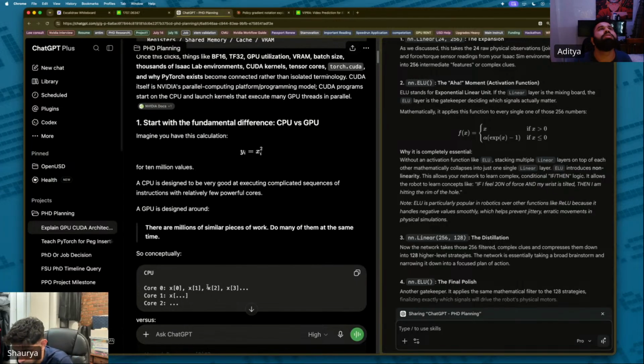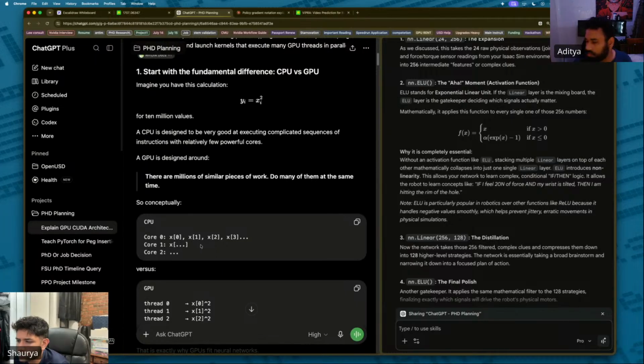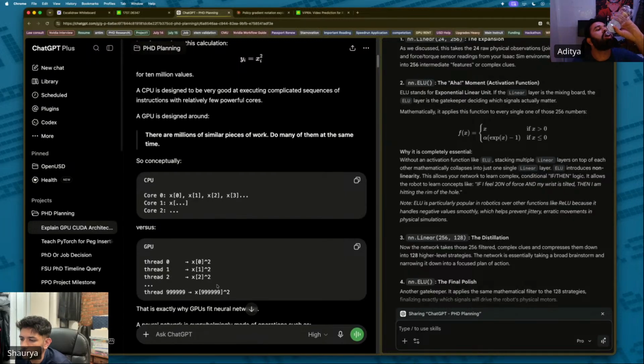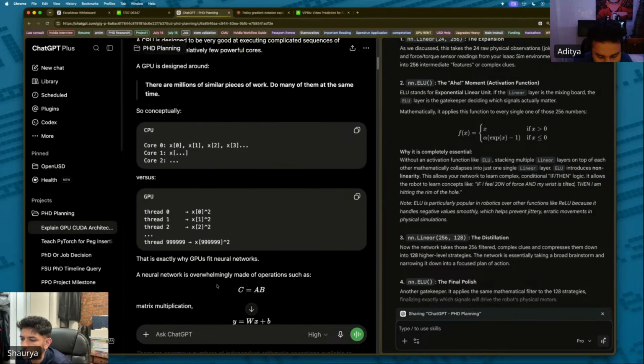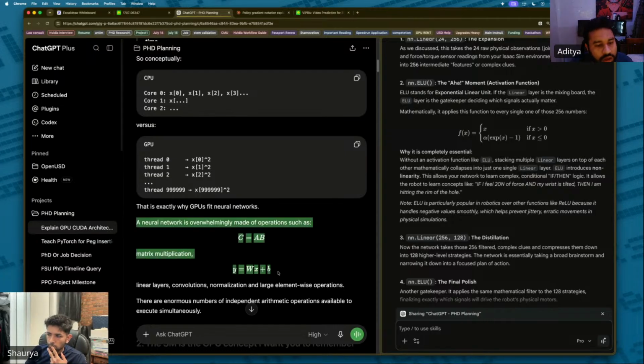So conceptually, the CPU has core 1, core 2 working through x0, x1, x2, x3, while the GPU has thread 0, thread 1, thread 2, up to thread 999.